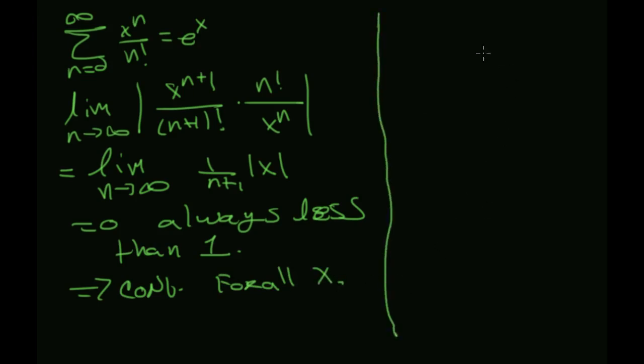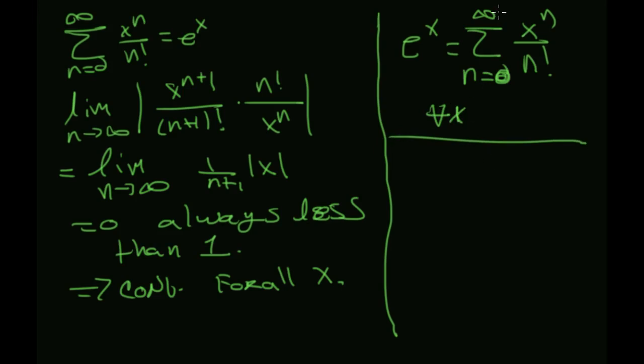Okay, so what we're saying here is that e to the x is equal to the sum from n equals 0 to infinity of x to the n over n factorial, regardless of what x value you pick. Okay, so that's kind of unique. This is for all x.